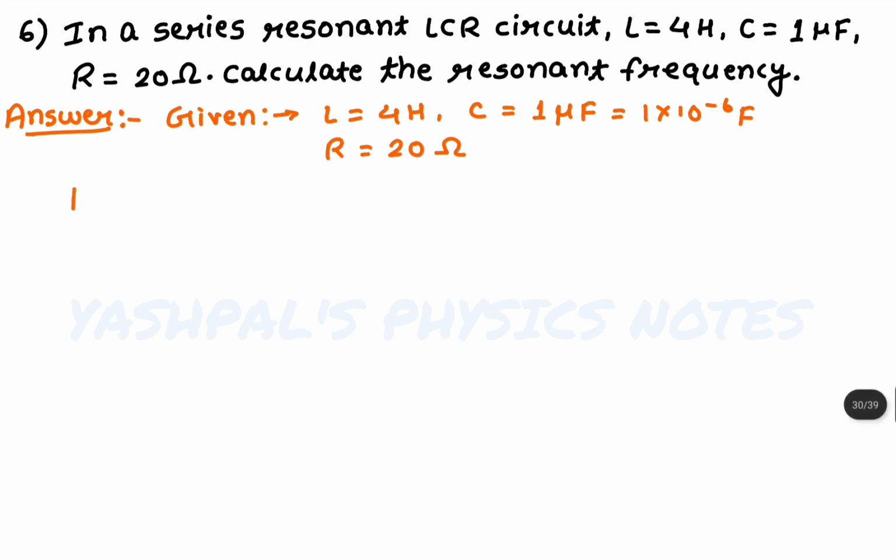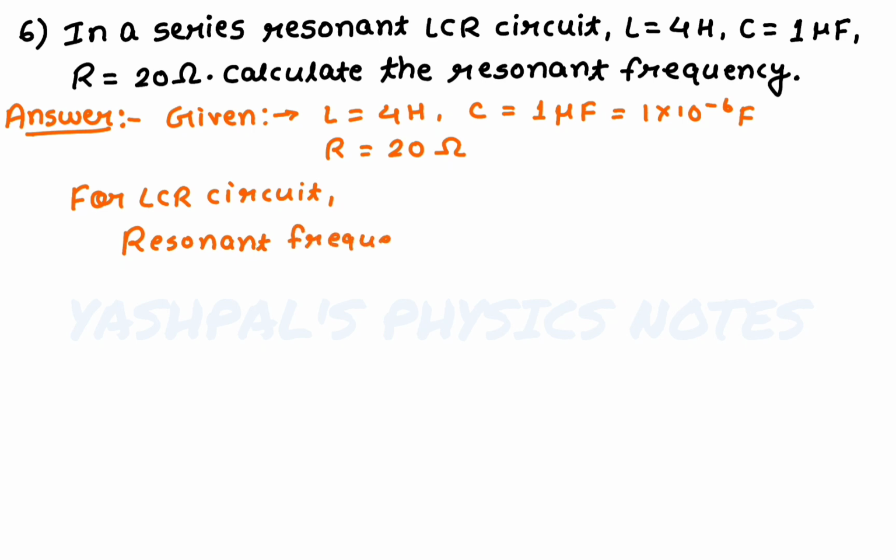So here for LCR circuit, resonant frequency is given as f r, and its formula is 1 upon 2 pi under root LC.